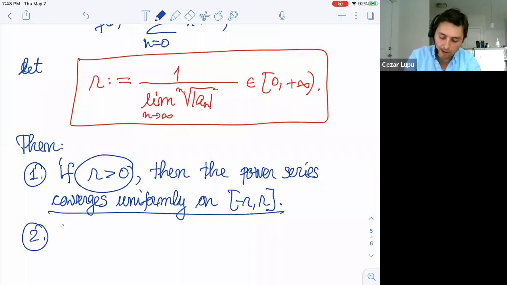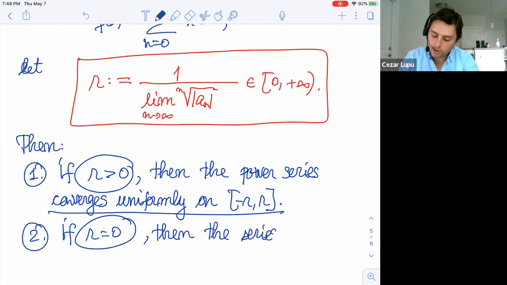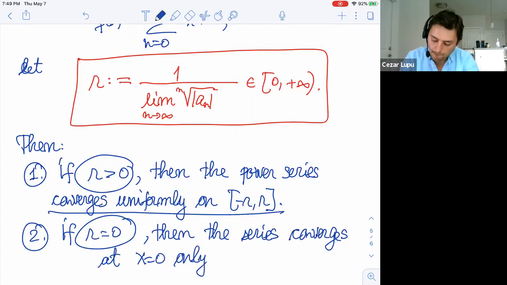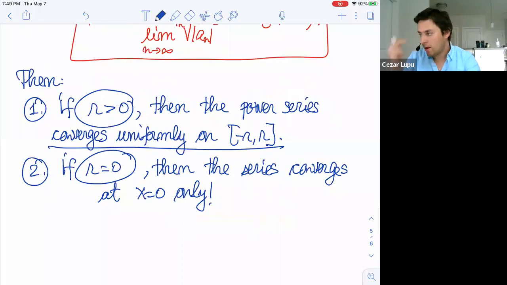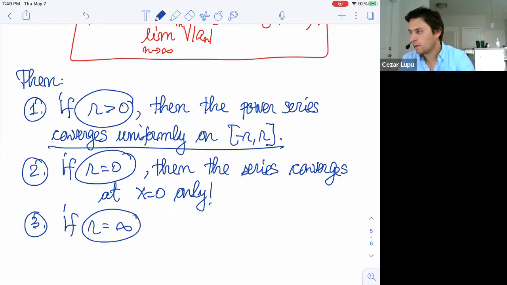Then 2, if R is 0, then the series converges only at x equals 0. And then 3, if R is infinity, we also have this case.